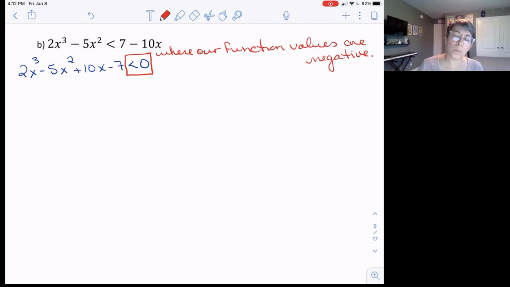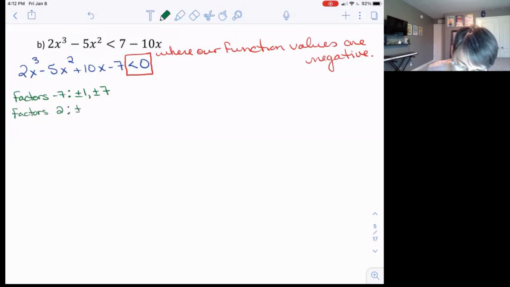Well, we have a polynomial, but it's not a quadratic, so we can't necessarily factor it right away, but we can use all of our previous knowledge, including the rational zero theorem. Find factors of our last term, which would be plus and minus 1 and plus and minus 7. It's nice, they gave us a prime number. And factors of the first coefficient, which would be plus and minus 1, plus and minus 2.